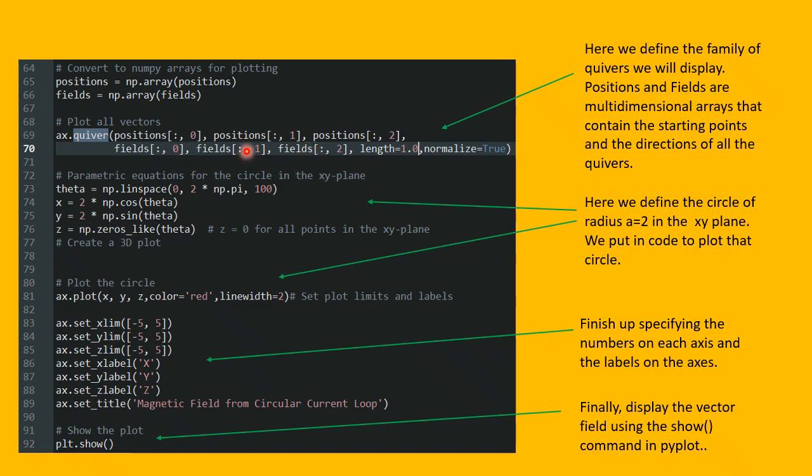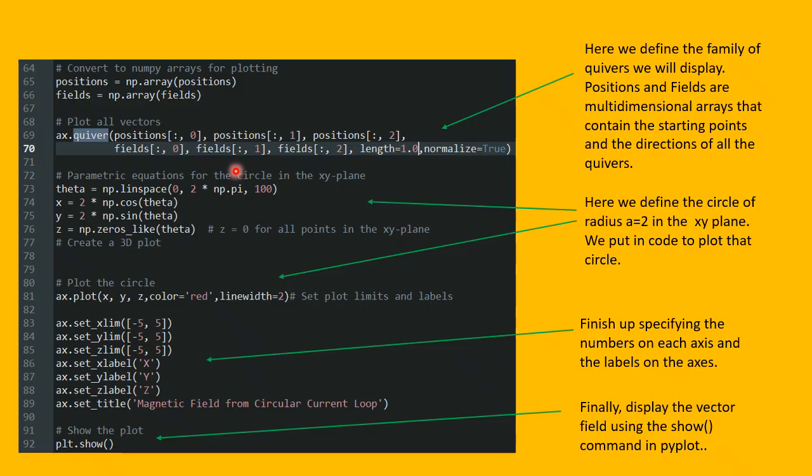We have colons here because we're loading a multidimensional array basically in here, and colon means basically all of the possible subscripts or indices that you can put in here.